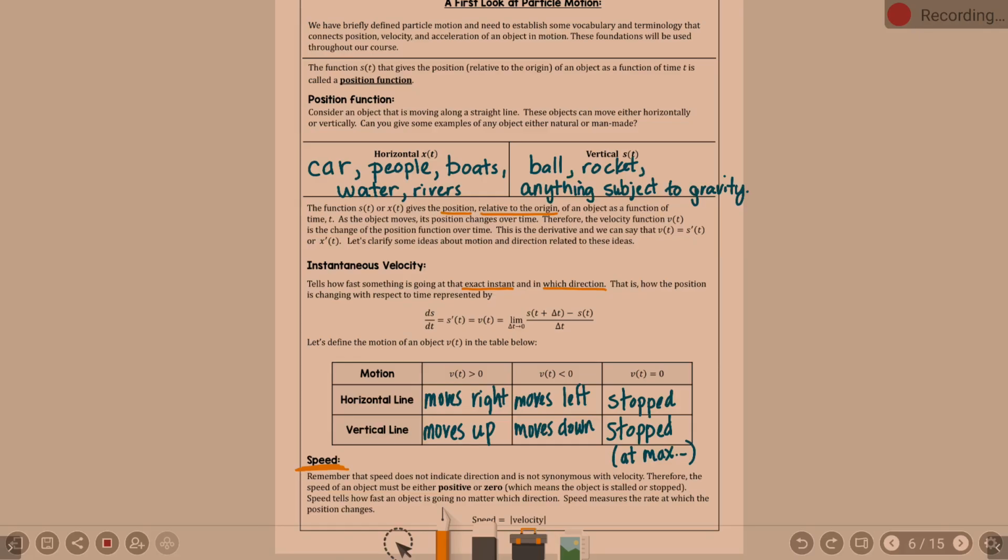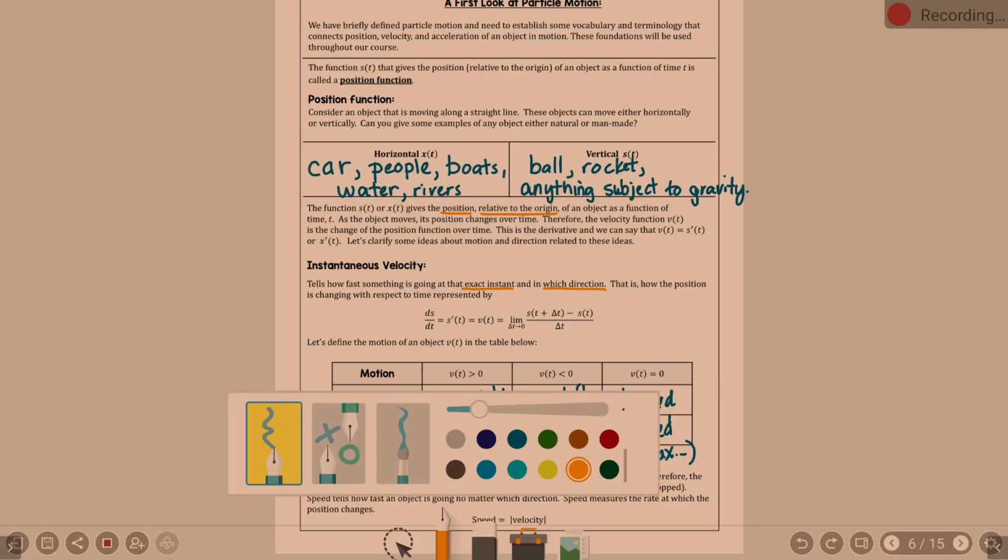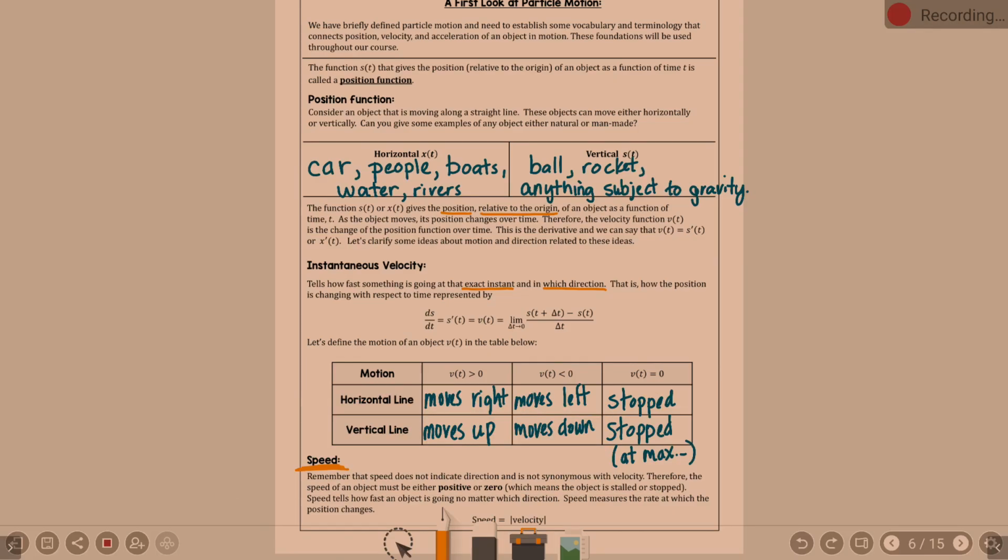Speed tells how fast an object is going, no matter which direction, and speed measures the rate at which the position changes. Here's what you've got to remember: for our purposes, speed is equal to the absolute value of velocity. I'm going with that as the same as what you learned in physics.